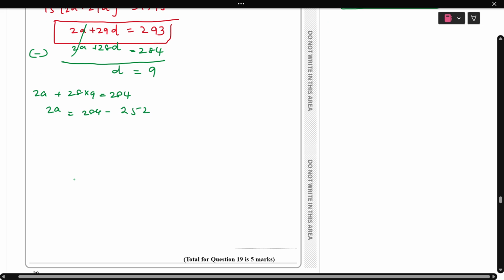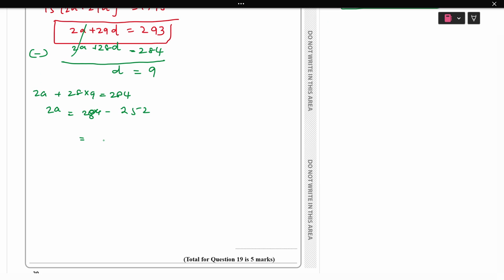Okay, so here we'll get 32. 2a equals 32, a equals 16. Now we have a equal to 16 and d equal to 9.